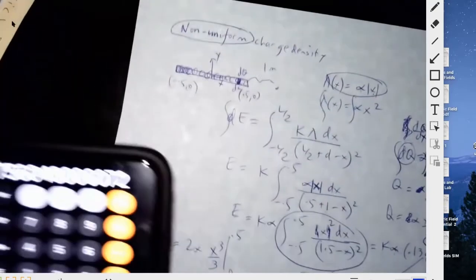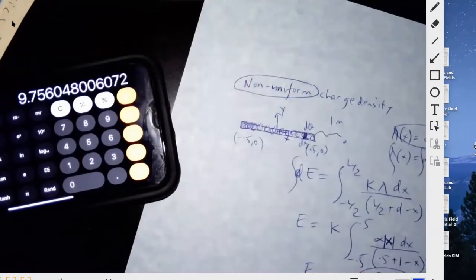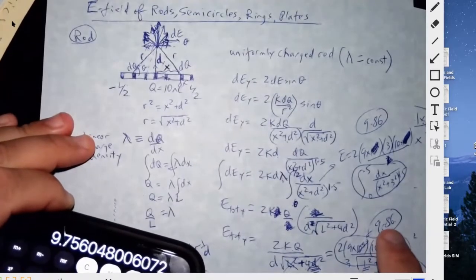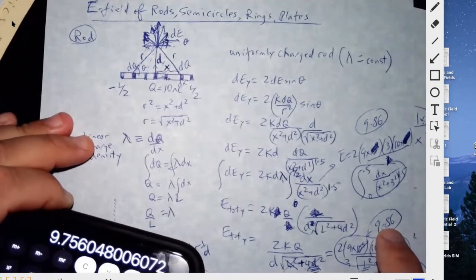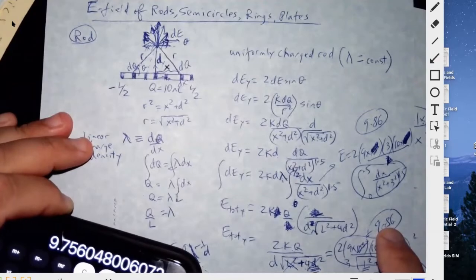Let's see here. Where was the uniform? Yeah, I got 9.86 for the uniform. So going to a non-uniform alpha x squared, it drops, but barely noticeably. So the answer is 9.76.